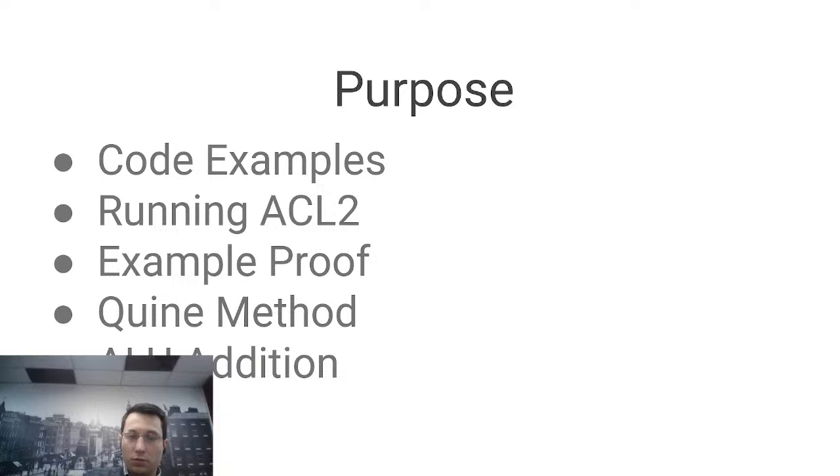Then I will describe the motivation for hardware verification and how it works. Then we will dive deep into what the arithmetic logic unit is and how addition in the CPU can be implemented.